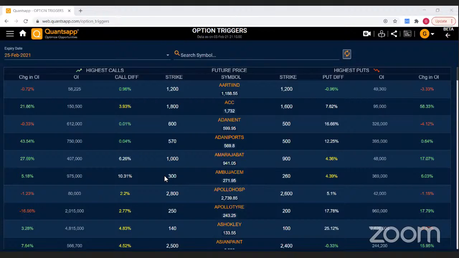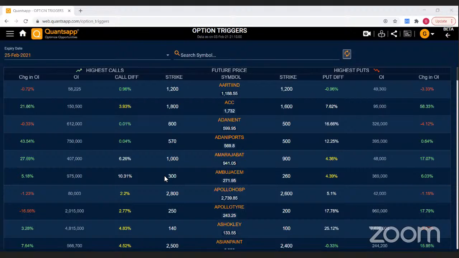particular time. As we have seen in the open interest tool, when there's a lot of call addition going on, that says the call writers want the prices to go down, and I'm looking at open interest in terms of writers.